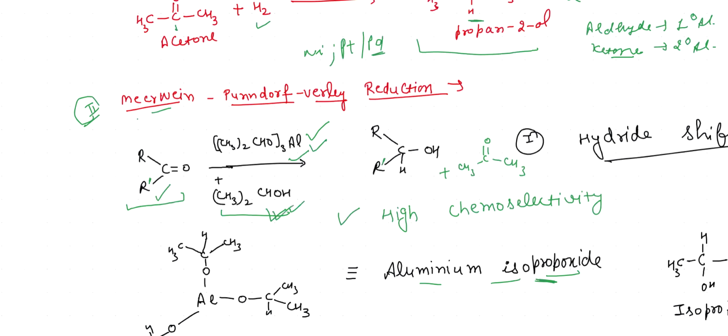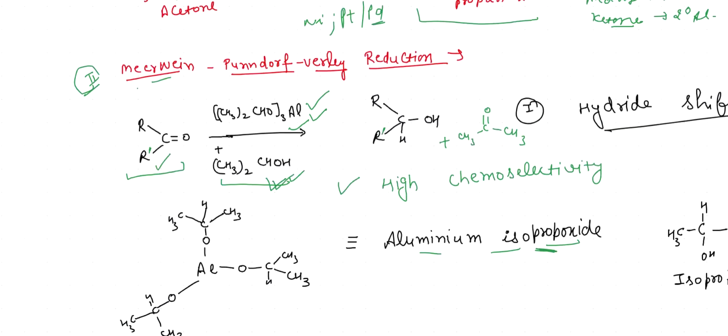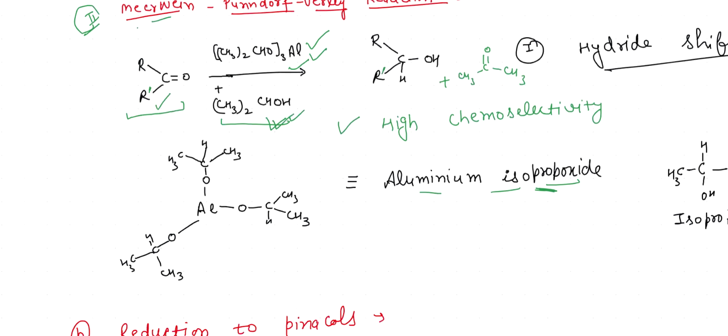So what is the structure of aluminum isopropoxide? So this is the structure of aluminum isopropoxide. It is tri-coordinated, in which aluminum is linked to oxygen, then it is linked to carbon and methyl groups. This is your isopropyl group.